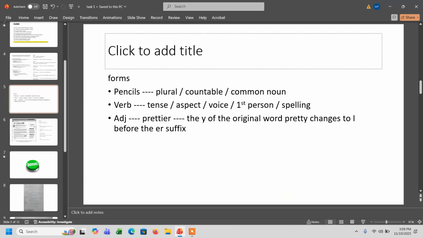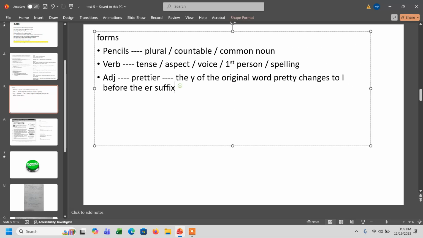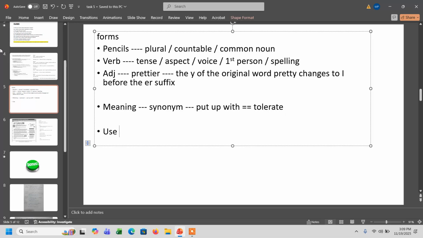So here is my very quick shortcut, and I'm sharing all of the things I have learned from that Delta Module 1 preparation. For the meaning, you have to put a synonym, especially for some phrasal verbs like "put up with," which means tolerate. And for use, sometimes it is like pre-modifying an object.